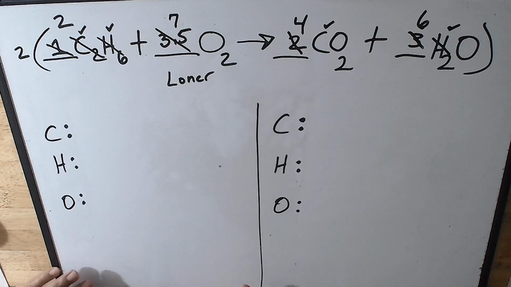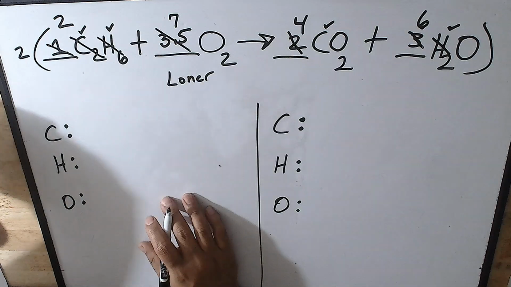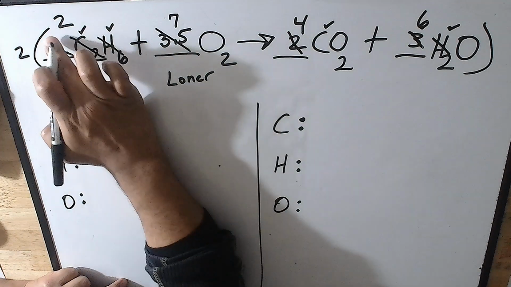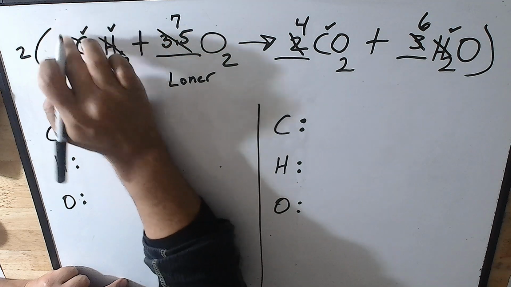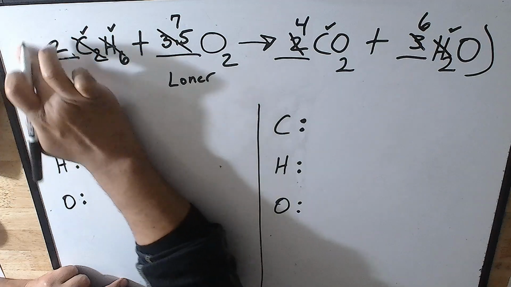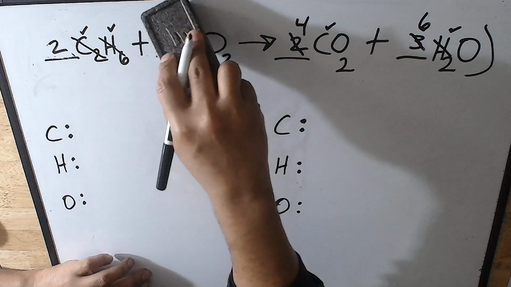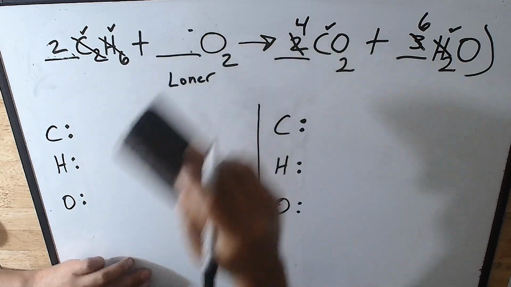So now let's see if we have everything balanced. But before that, let's get a little bit organized here with our numbers. So this turned out to be a 2 now. And I can erase this because I'm done with that. It's a little bit hard to erase sometimes because I don't want to erase the other stuff.